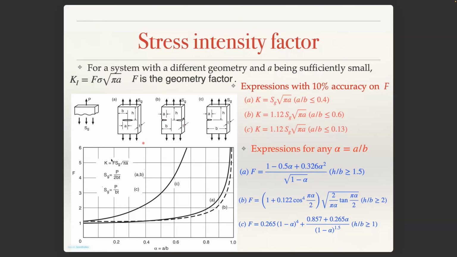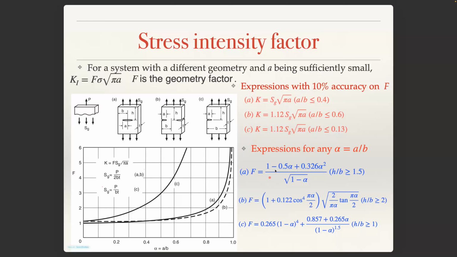And stress intensity factor is given as F SG root pi a, where SG is equal to P by 2BT or P by BT, depending upon what you are talking about. For example, in this figure, this is B. In these two figures, it is 2B. So the denominator, whether it is 2B or B, is basically the area you are talking about. Now, typically, the geometric factor is computed using these formulas.